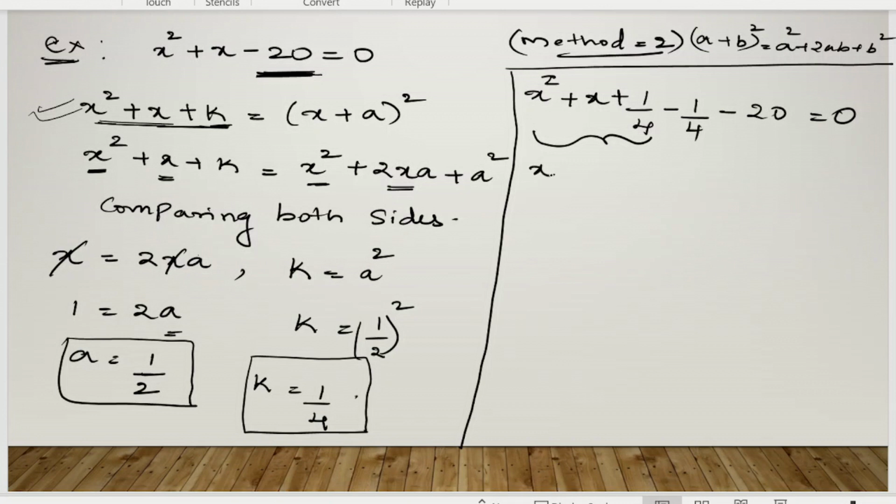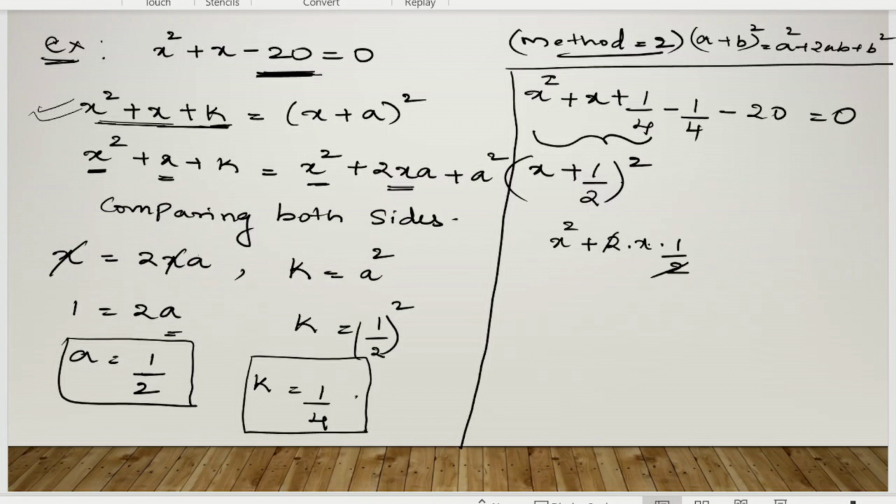And 1 by 4 is nothing but the b square, 1 by 2 square is b square. So I can take it as x plus 1 by 2 whole square. Now if you take x plus 1 by 2 whole square, you will get x square plus 2 into x into 1 by 2.